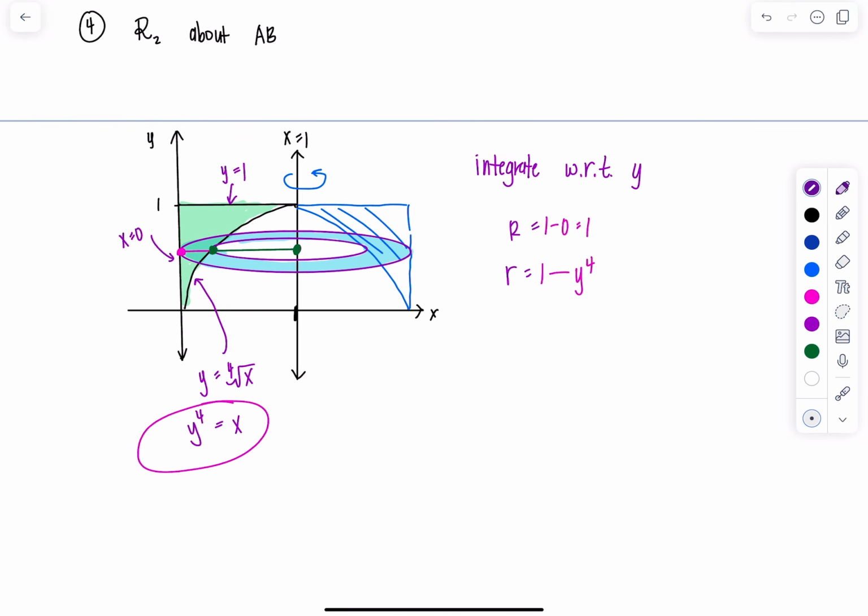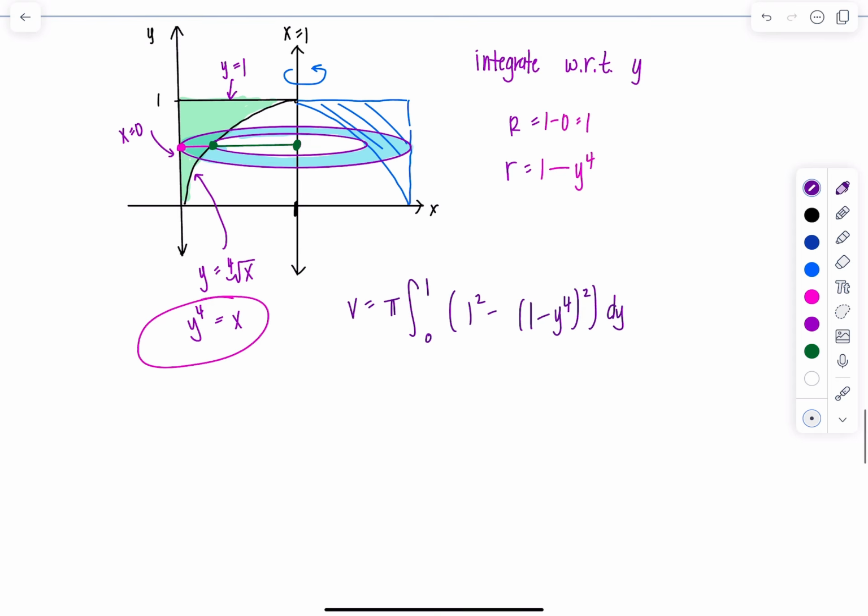Okay. So volume equals pi. Limits have to be in terms of y for the original region. It lives from 0 to 1. Outer radius squared minus inner radius squared. Okay. Carrying on. Now it's the relaxing part, right? 0 to 1.